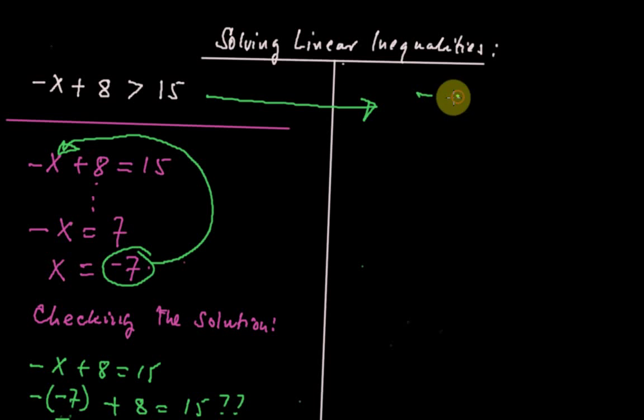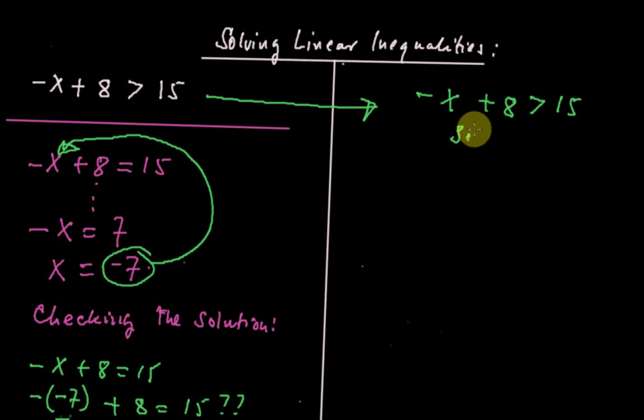This is minus x plus 8, the whole thing is greater than 15. Now, inequality can be solved by collecting like terms the way we did here. So we can collect like terms, and collecting like terms here is subtracting 8 on both sides.